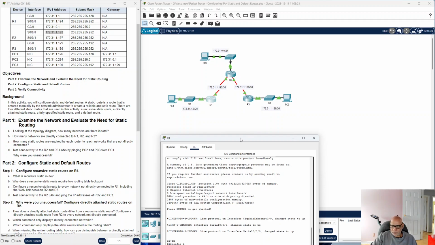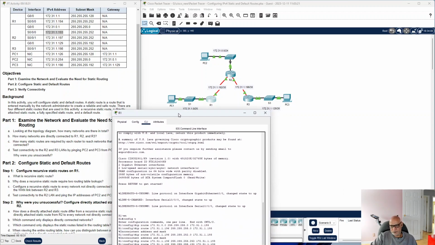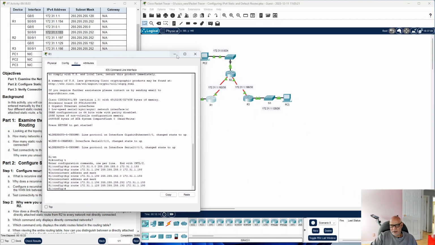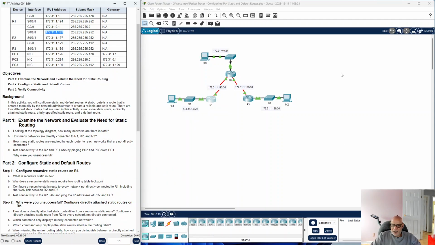Now, if you want PC2 to access PC1 and PC3, we have to enable static routing in R2. So same thing. R2 is connected to only two networks, 31.1.0 and 1.1.128.